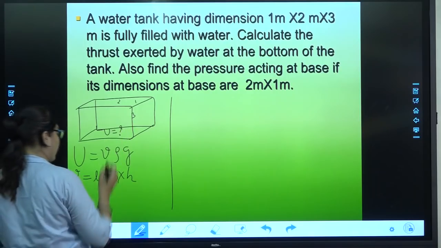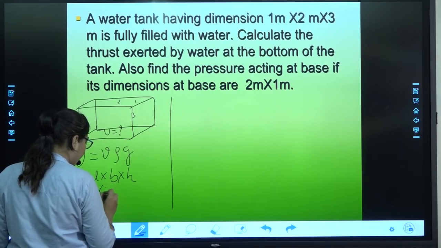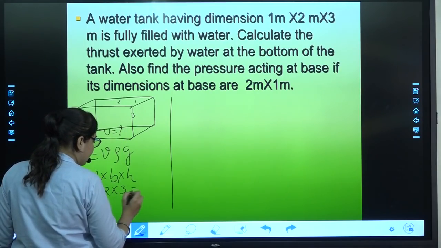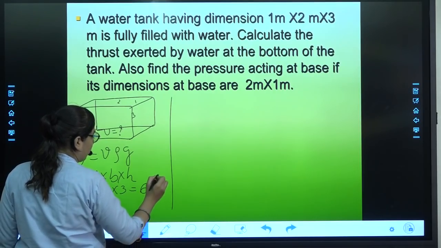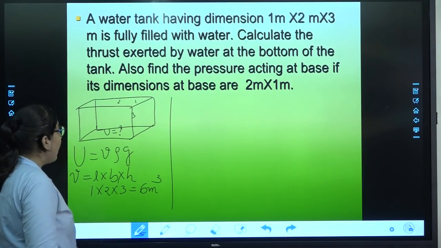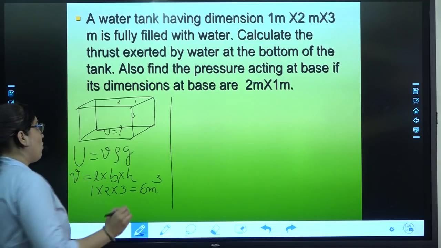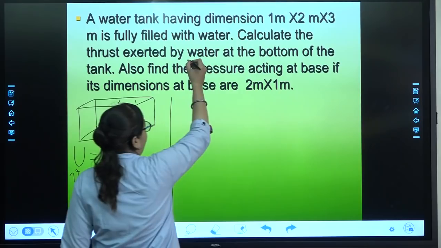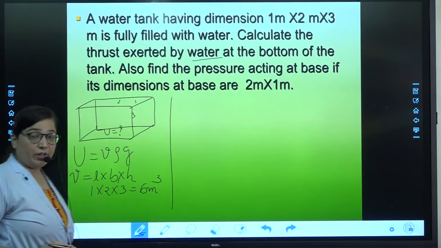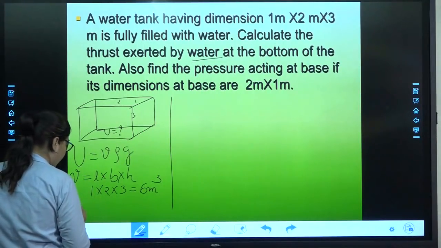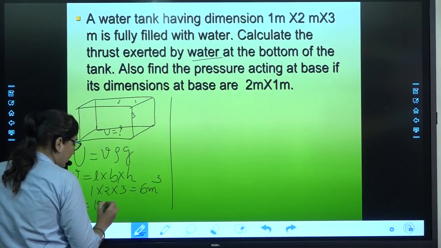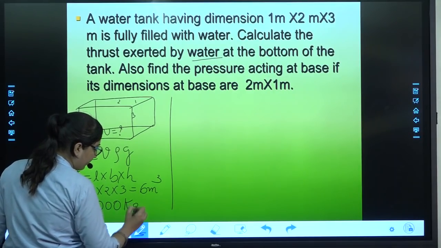So 1 into 2 into 3, which is 6 meter cube. Now volume we got, density. Which liquid they have talked about? Water. We are knowing that the density of water is fixed, 1000 kilogram per meter cube.